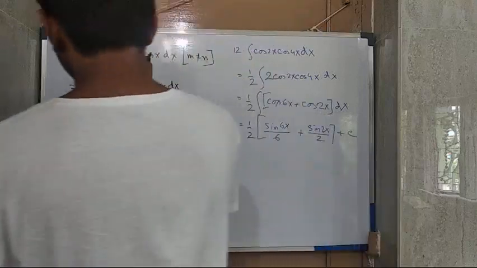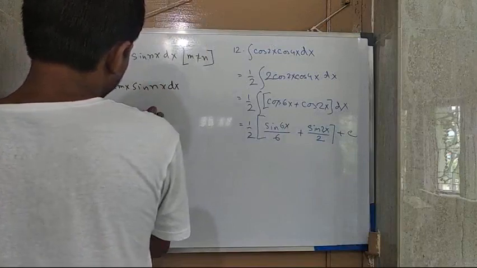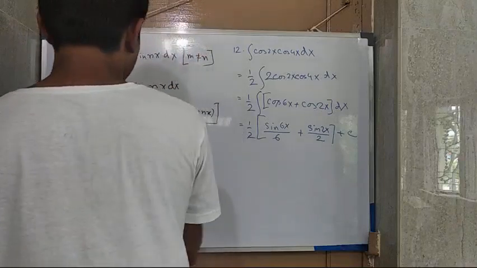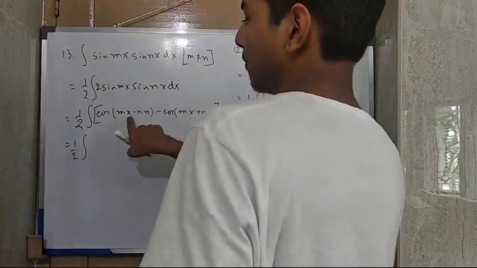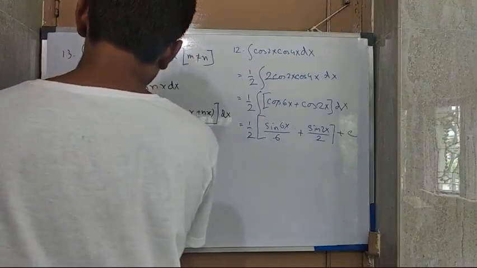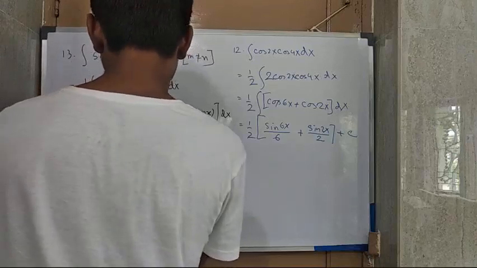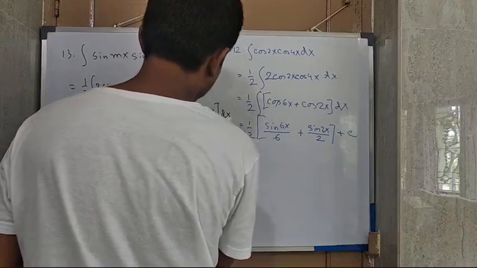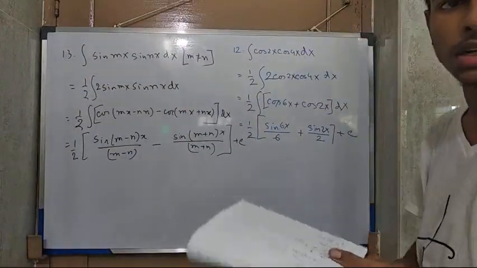This can be written as the integral of cos (mx minus nx) minus cos (mx plus nx) dx, with a half outside. So after integrating, this becomes half of sine (m minus n)x by (m minus n) minus sine (m plus n)x by (m plus n), plus c. So this is the answer for the 13th integral.